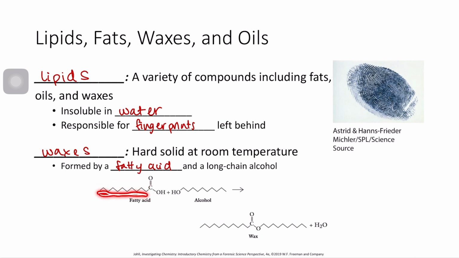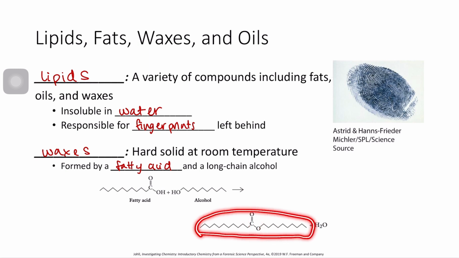This is known as the fat part of it. This is known as the acid part of it. So it is a fatty acid, and then it reacts with this long chain alcohol to form an ester right here. And you can see that there are a lot of CH groups in here.